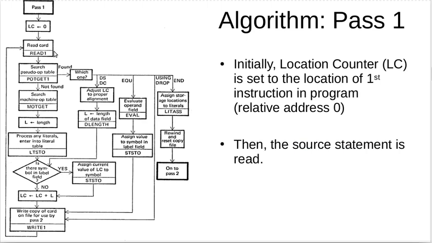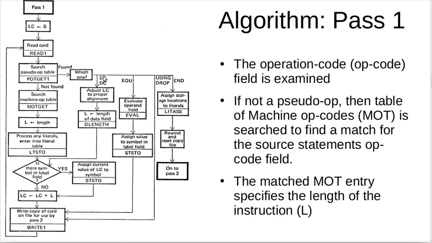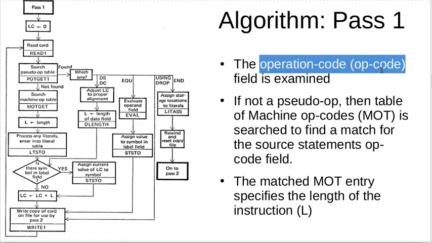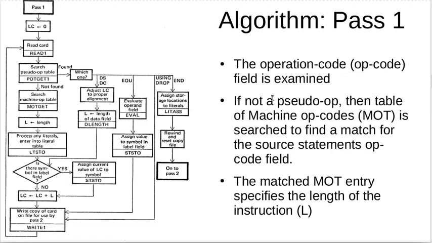Following this we have the opcode field. Every instruction has an opcode, or operation code, field. So the operation code field is examined, and it says search the pseudo op table. We have scanned the opcode; the opcode field has been examined. If it is not a pseudo op, then the table of machine operation codes is searched.